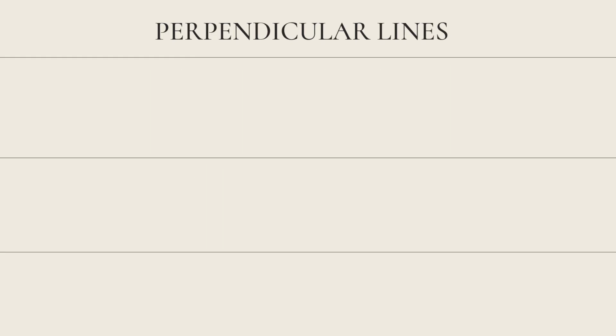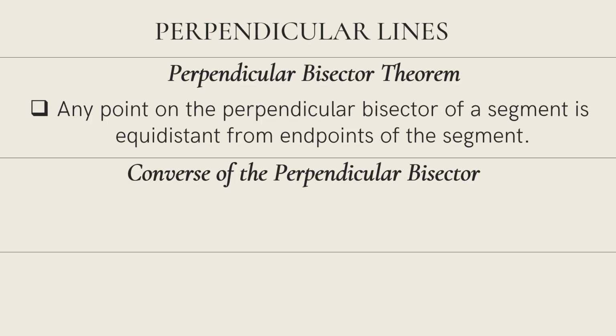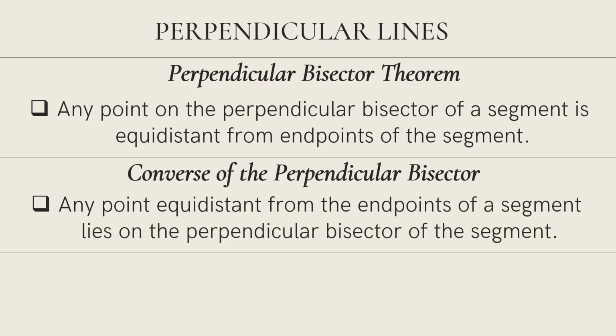Next, we have the perpendicular bisector theorem. It states that any point on the perpendicular bisector of a segment is equidistant from the endpoints of the segment. Next, the converse of the perpendicular bisector theorem. It states that any point equidistant from the endpoints of a segment lies on the perpendicular bisector of the segment.